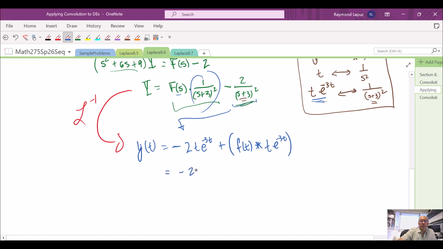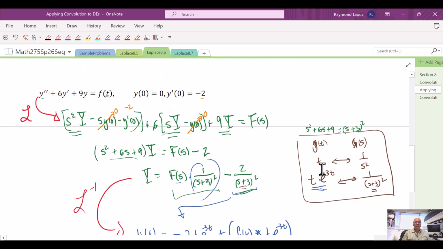So this is a negative 2, and in here you have the convolution, and the convolution integral goes from 0 to t of f of t minus tau times, not convolution, not star, but times, tau e to the negative 3 tau d tau. Oops, that should be a tau.